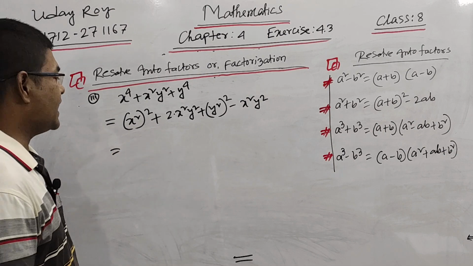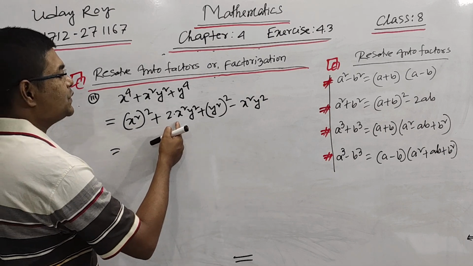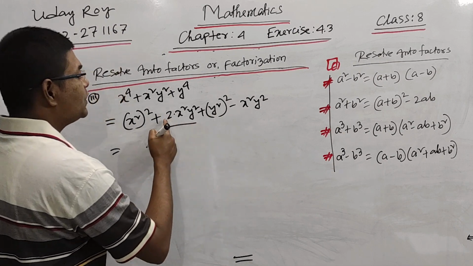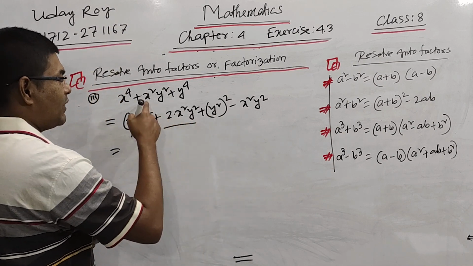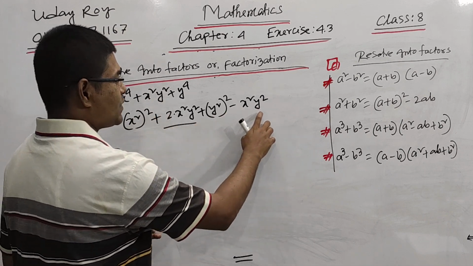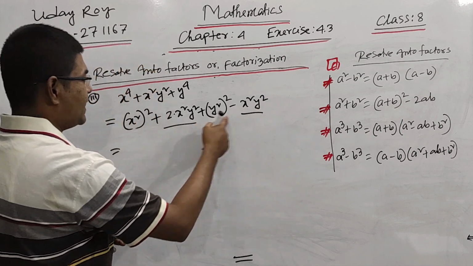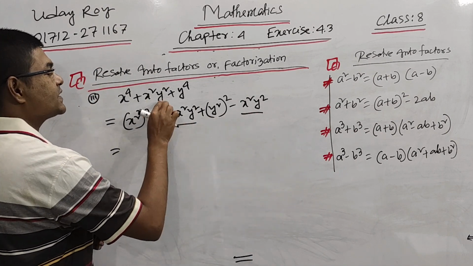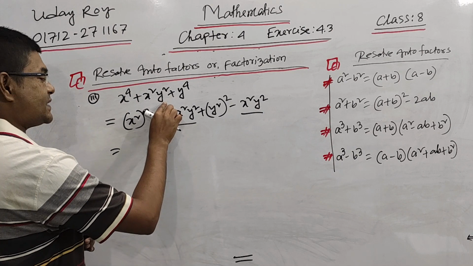So we have got a square plus 2ab plus b square. I have taken here 2x square y square, but here it is x square y square, so we have to subtract x square y square.